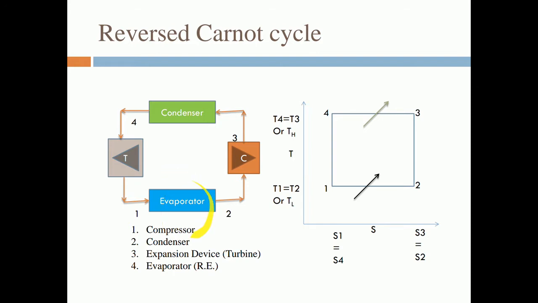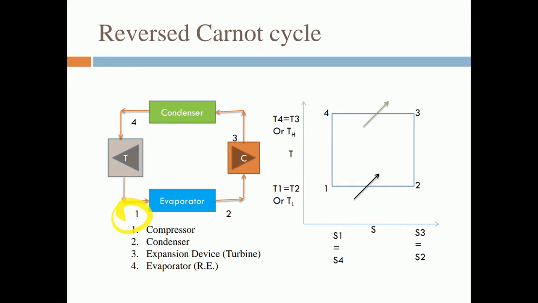If we blow hot air and it comes in contact with the evaporator coil, that hot air is converted into cold air. Or when we put a particular substance into the evaporator to cool it, the working medium at low temperature and low pressure comes in contact with that substance, so the substance temperature is reduced and we get the refrigerating effect.